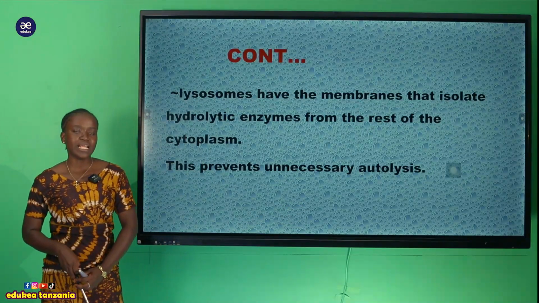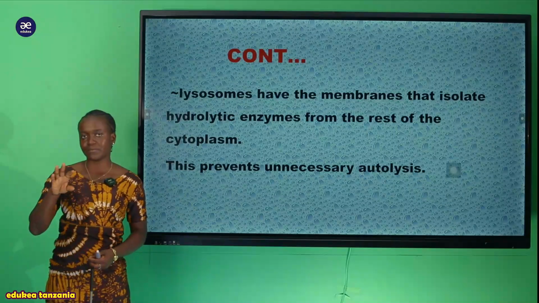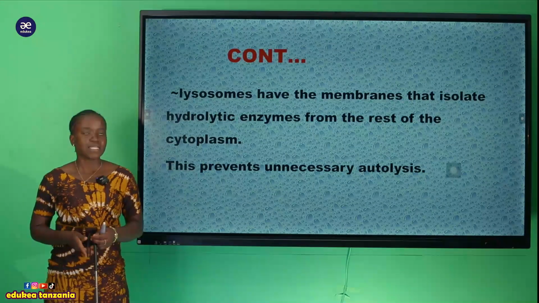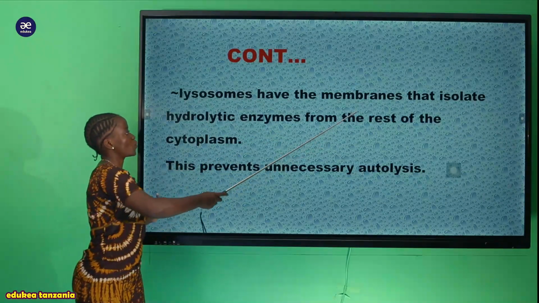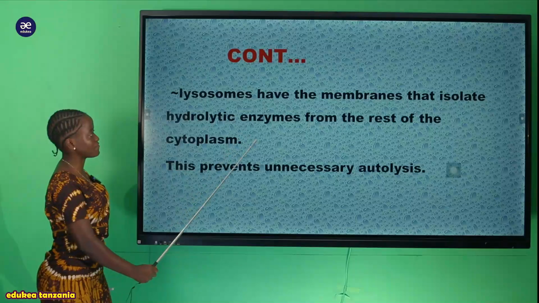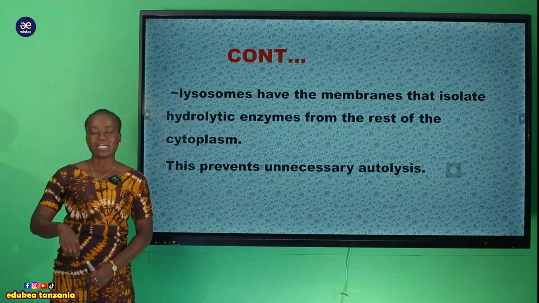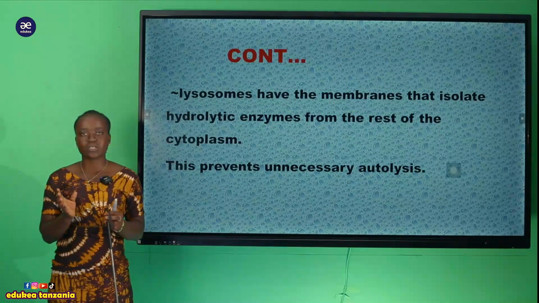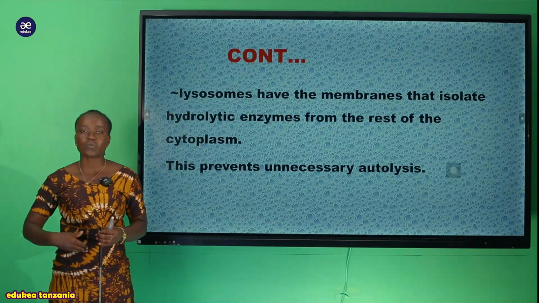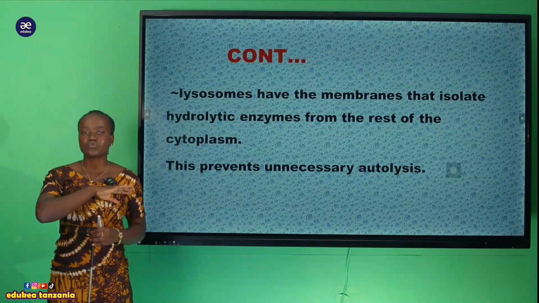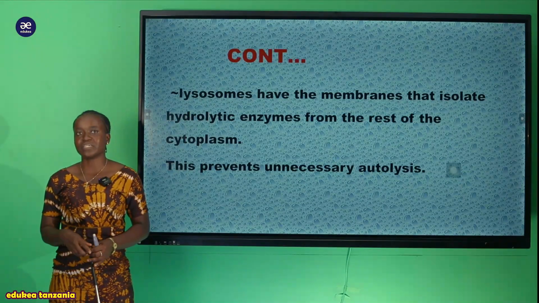So in the lysosome there is the presence of a membrane, which helps greatly to separate or isolate hydrolytic enzymes from the rest of the cytoplasm, because if there is no membrane, the contents we call hydrolytic enzymes have great ability to get out of the cell and destroy all of the cellular components, and thus become autolysis.